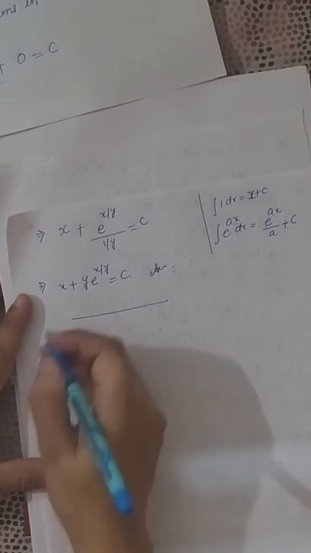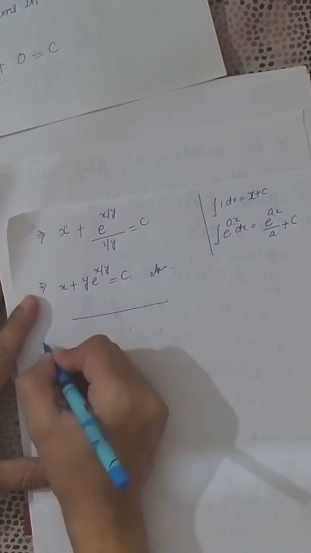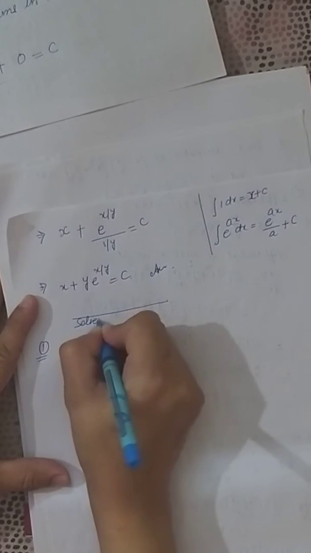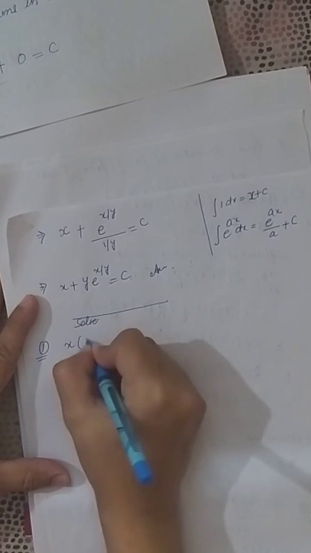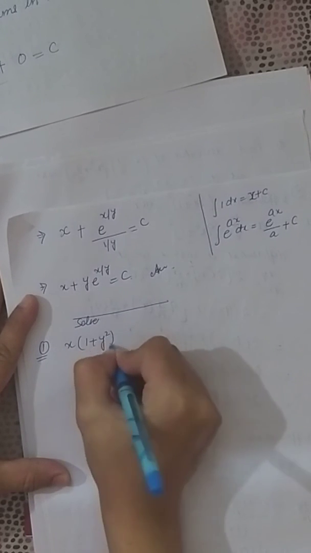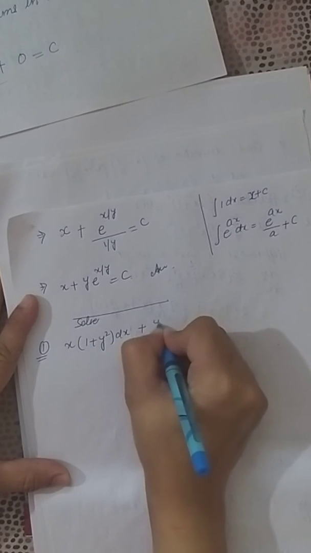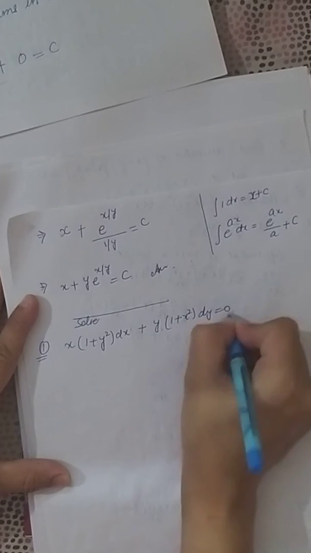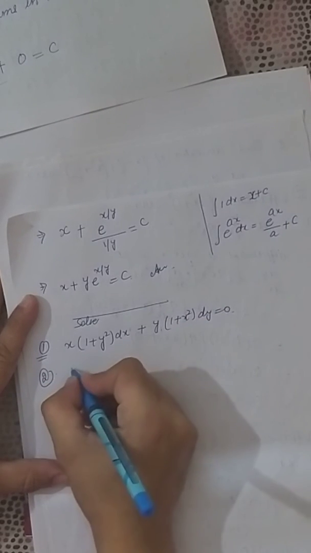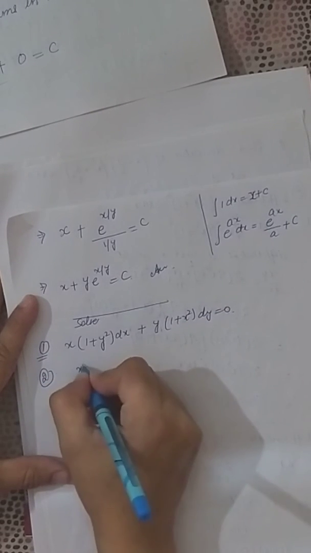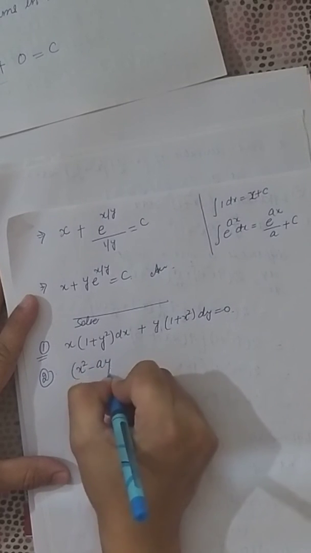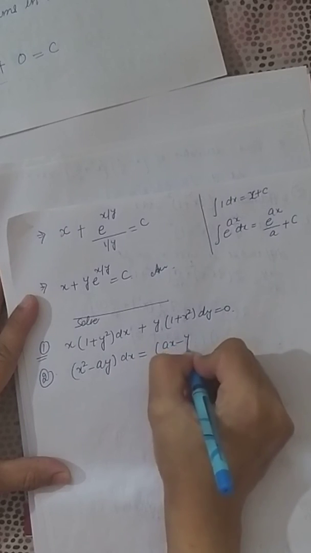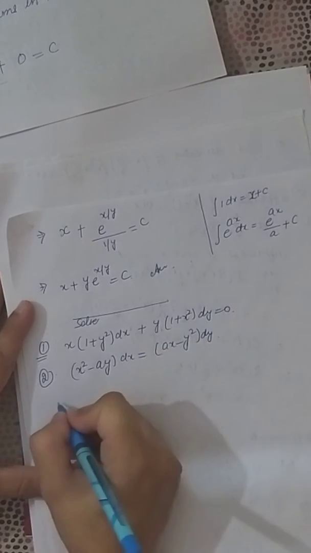Now I give you some of the questions in an assignment. The questions are: solve x(1 plus y square) dx plus y(1 plus x square) dy equal to 0. Second one is (x square minus ay) dx equal to (ax minus y square) dy.